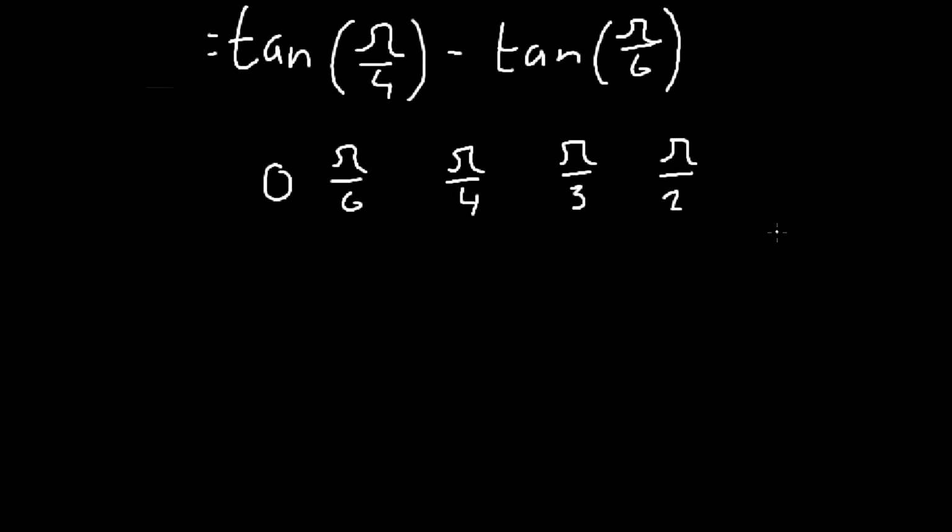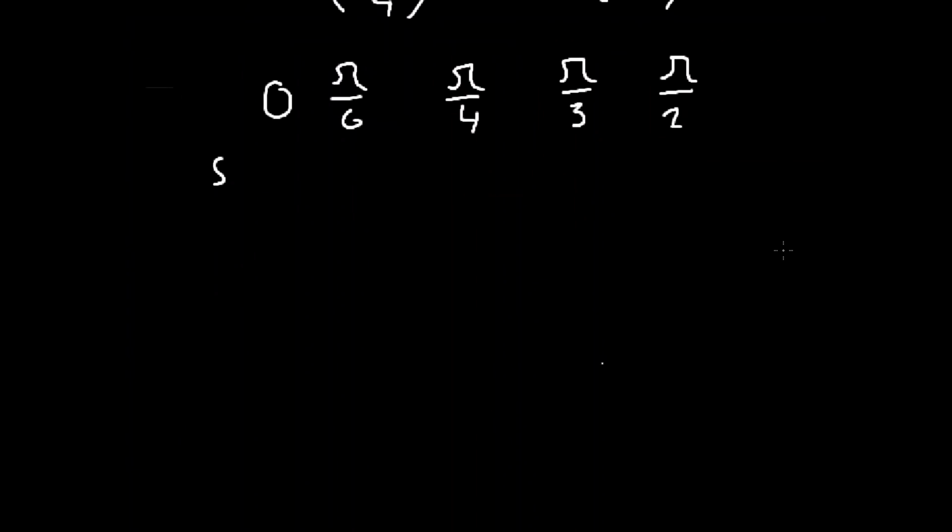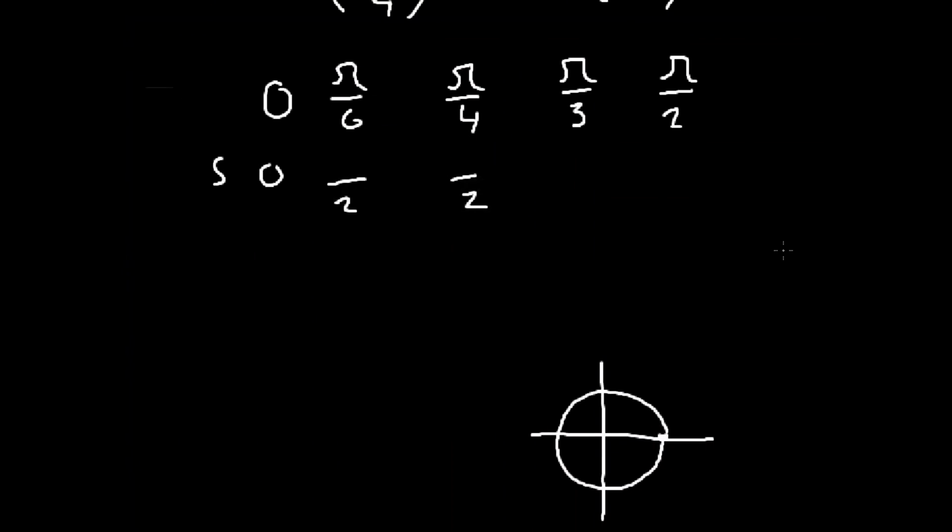So after doing all of that, we start off with our sine, and if we draw our unit circle, we get that sine of 0 is equal to 0. Sine of 30 degrees is always equal to, remember, divide by 2 here, and we're going to put a square root around everything.